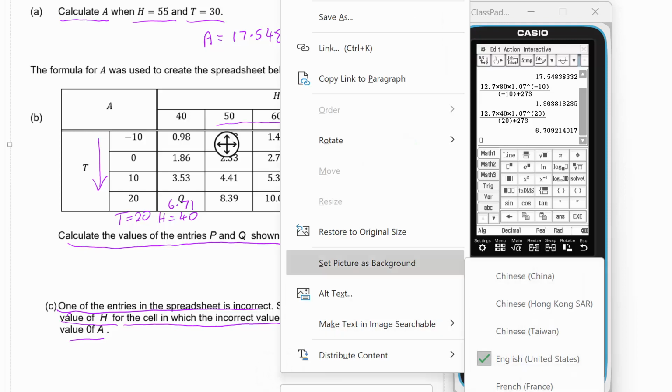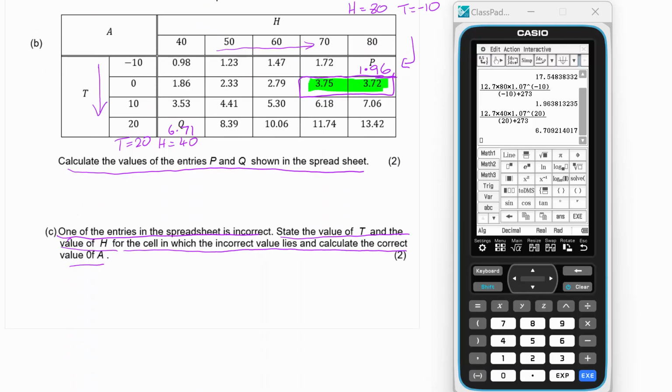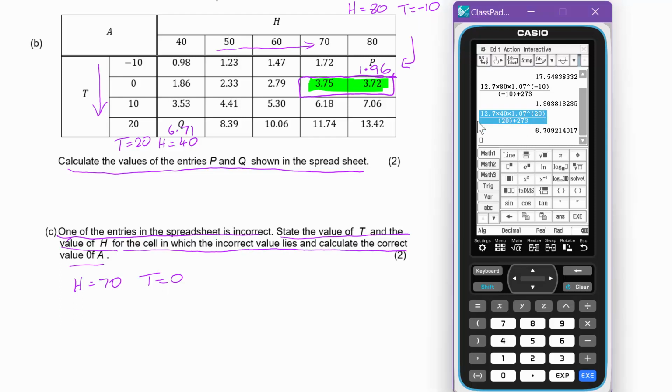So I'm going to try the H is equal to 70 and T equals 0. So once again, let's just grab this. And so we had H was 70.